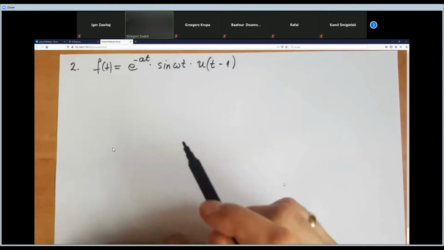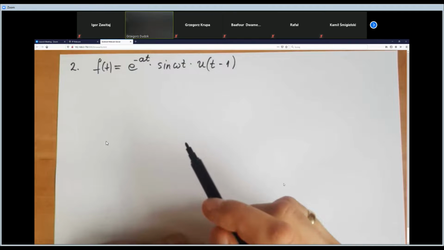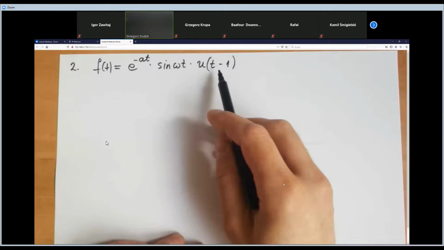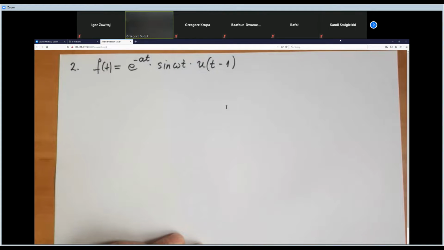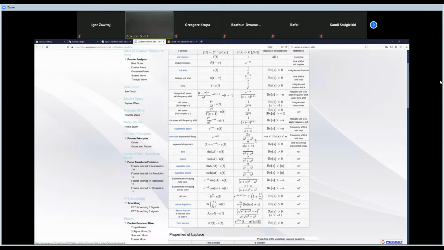The first thing, we don't have the unity function equal to t, but it is shifted. So let's go to our table with the Laplace transformations. Maybe it is here.